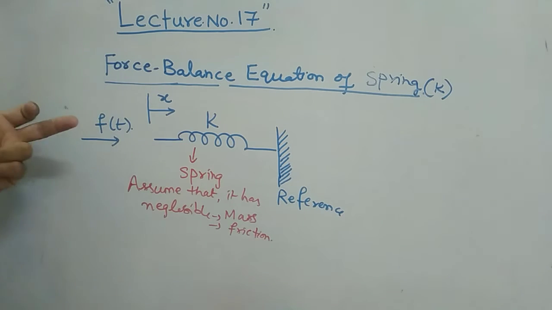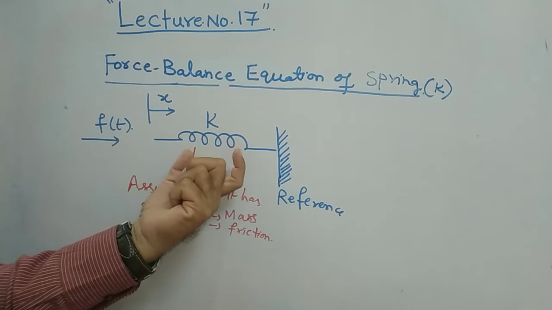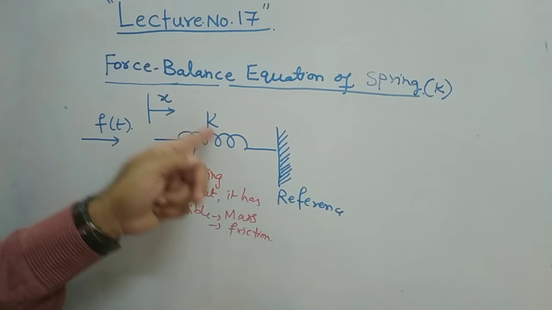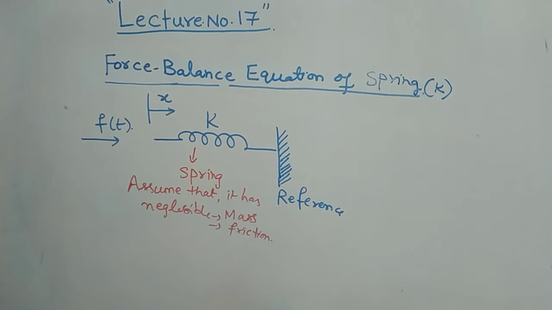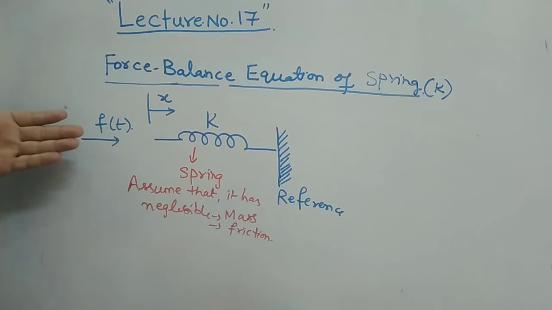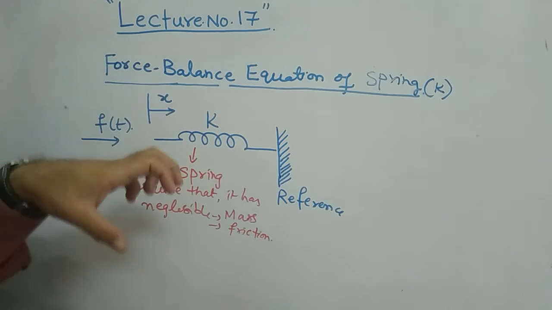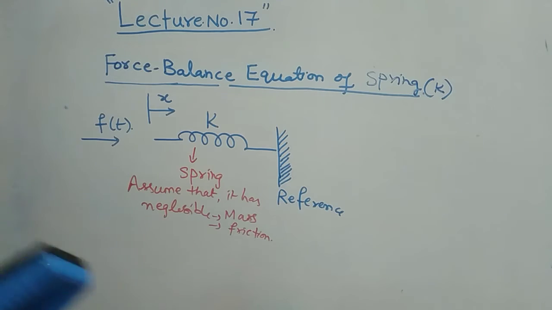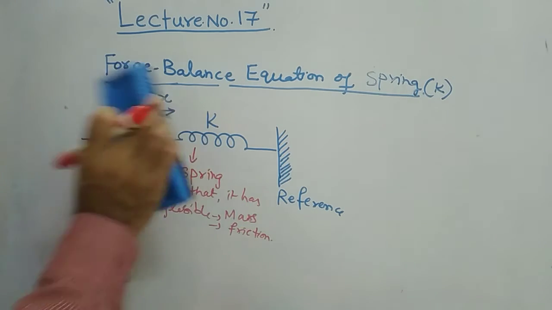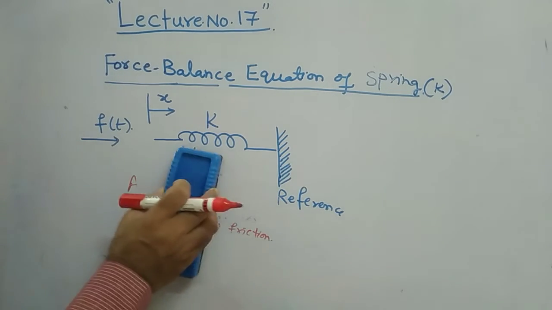If you apply some force upon this spring, then the spring offers an opposite force, and that force is directly proportional to the displacement. That is the relation between these two. So if you apply some force f of t to this spring, at the same time the spring will offer an opposite force that is directly proportional to the displacement. How can that be expressed?